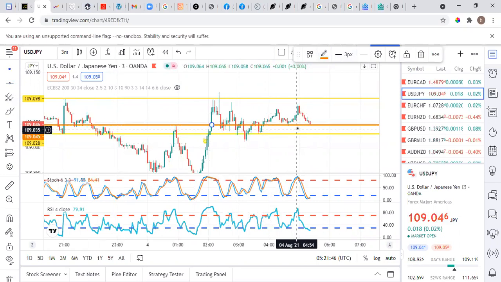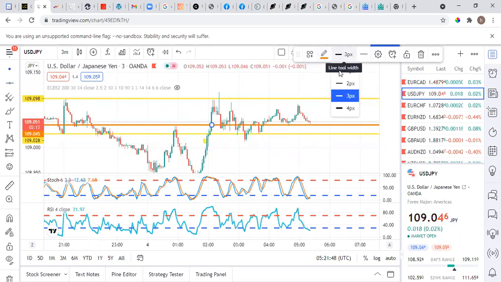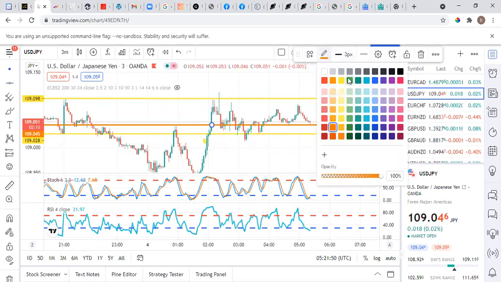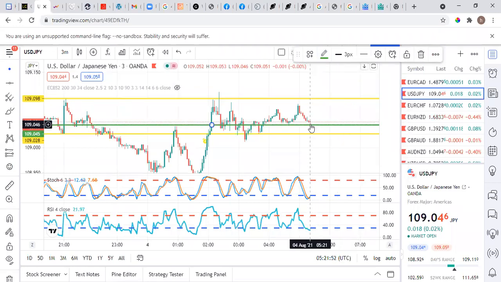This area, let me make it blue green. This area is a good area, but not good enough. I wouldn't want to call a trade here yet. I would have preferred it to come to my yellow area, which is the 0.28 area.